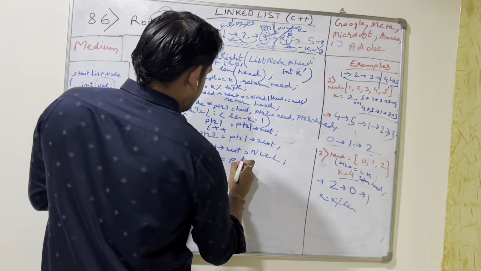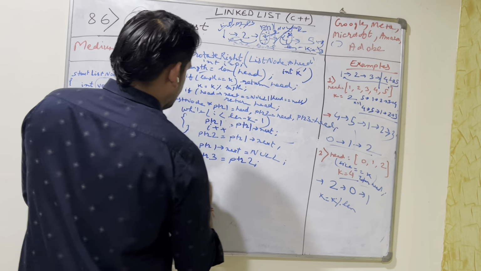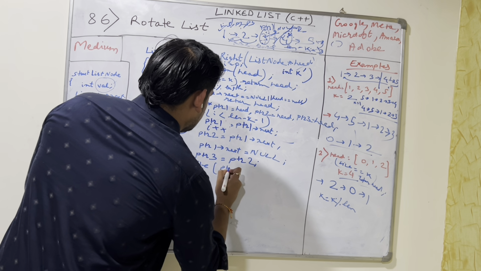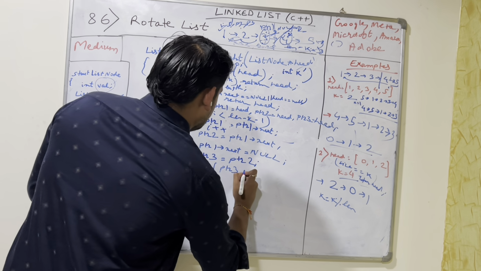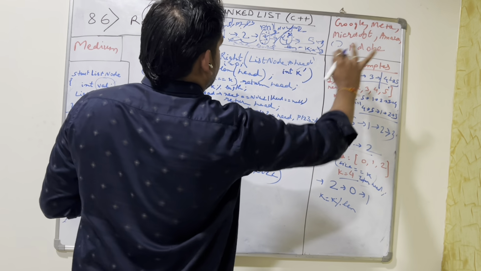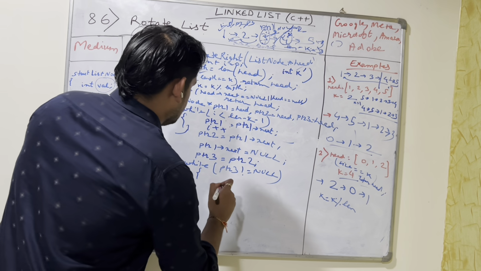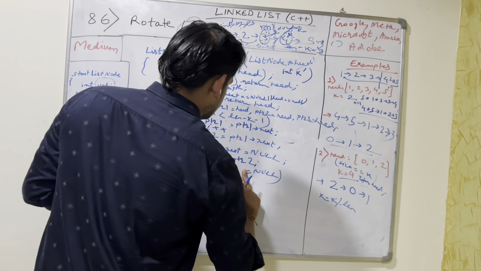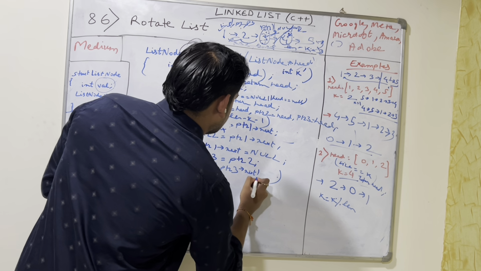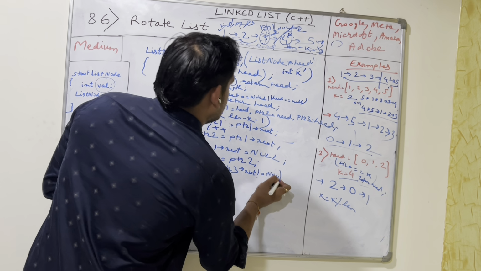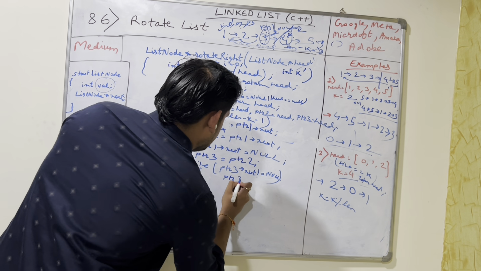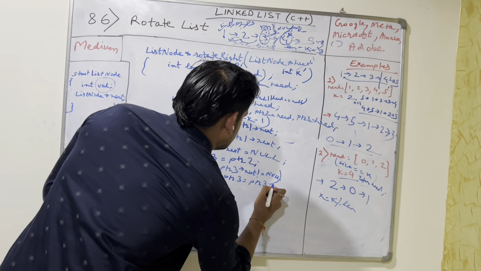So let's make ptr3 equal to ptr2, and while ptr3 next is not equal to null, till that time we will traverse it. We will keep on traversing it here. So ptr3 is equal to ptr3 next.